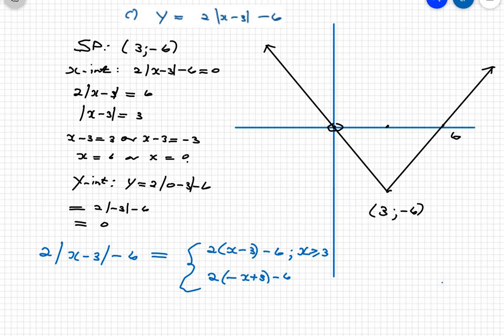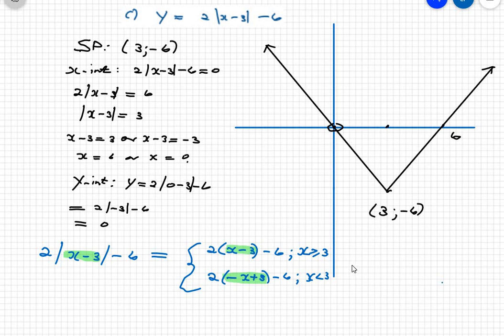You just change it inside the brackets now. You don't mess with the minus 6 and the 2. Okay, and please remember this is brackets now, not absolute value, because you already took it out. Okay, and I've chosen again my equal sign to be at the top.